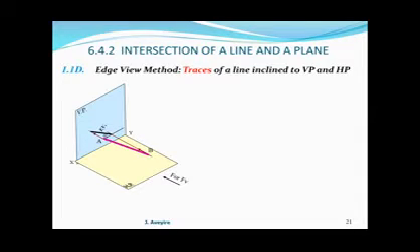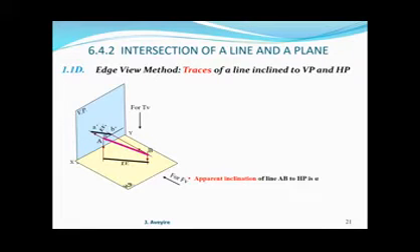That is the apparent inclination of the line to HP, the apparent inclination of the line to HP. AB is our line given. Then, for the top view, we have TV.